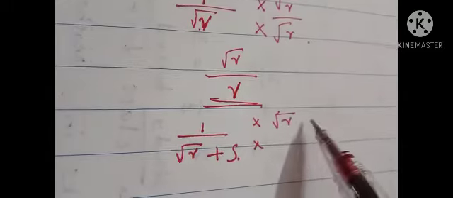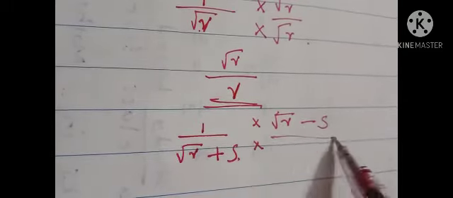The next is if the given number has the denominator root r plus s. Then what will we do here? Since the denominator is root r plus s, we multiply both the numerator and the denominator by root r minus s.